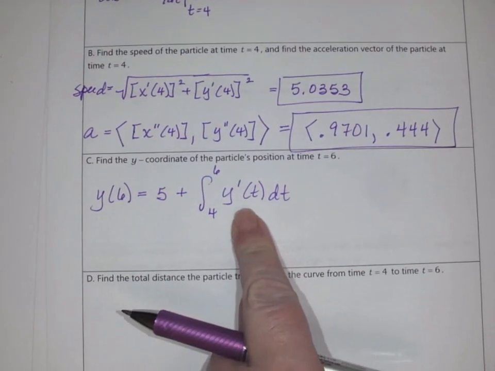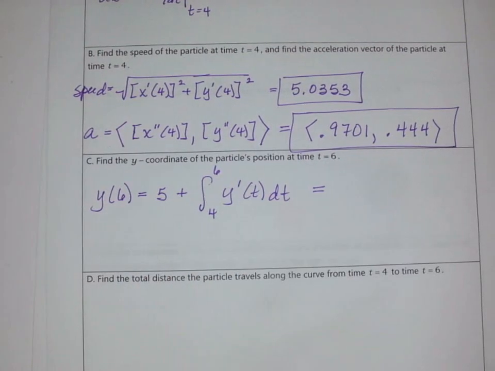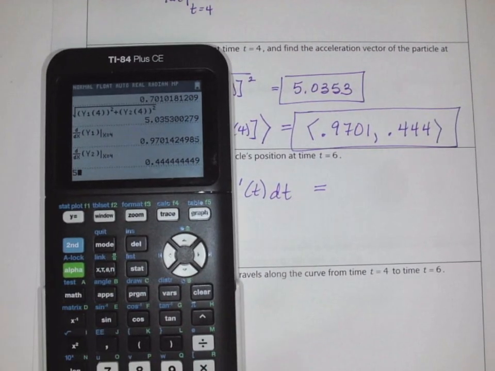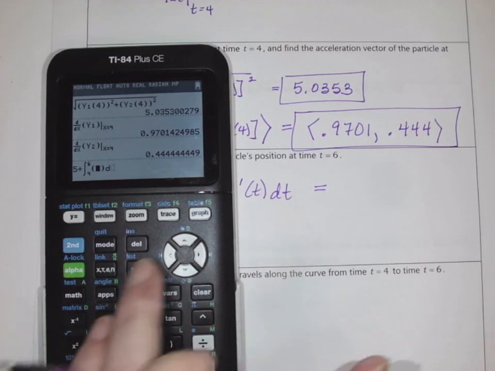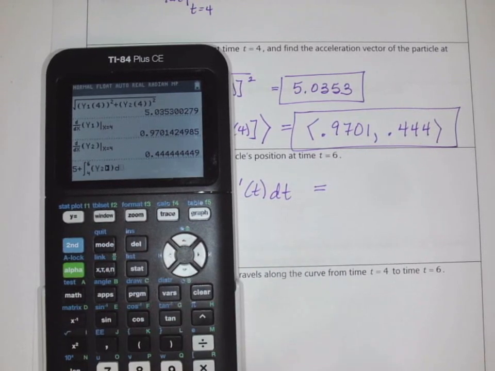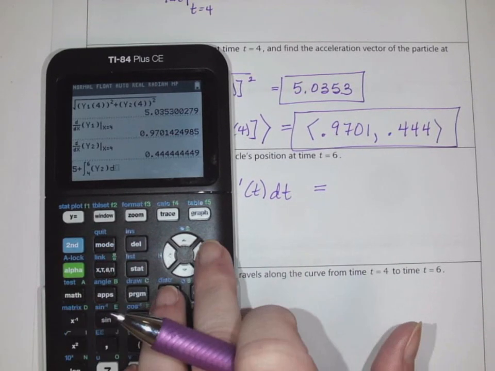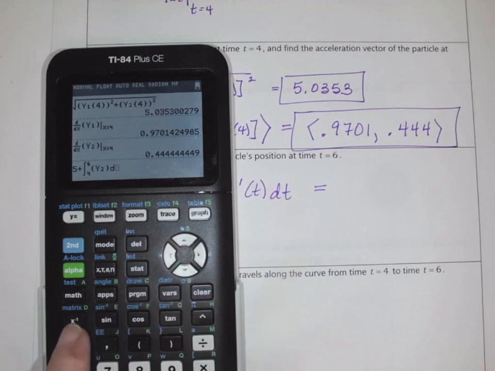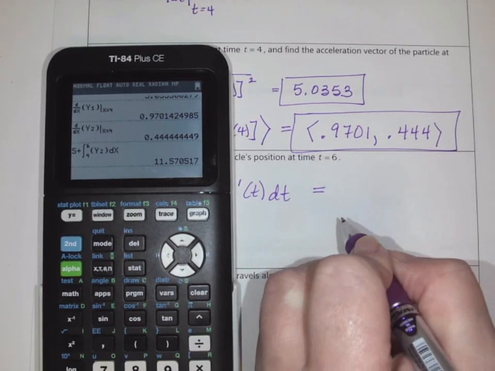Now remember, y prime is in y2, so all we got to do now is plug it into our calculator. So 5 plus math 9. We're going from 4 to 6, and we are going to pull our dy dt from y2. And then we're going to put our dx, and we get 11.570.